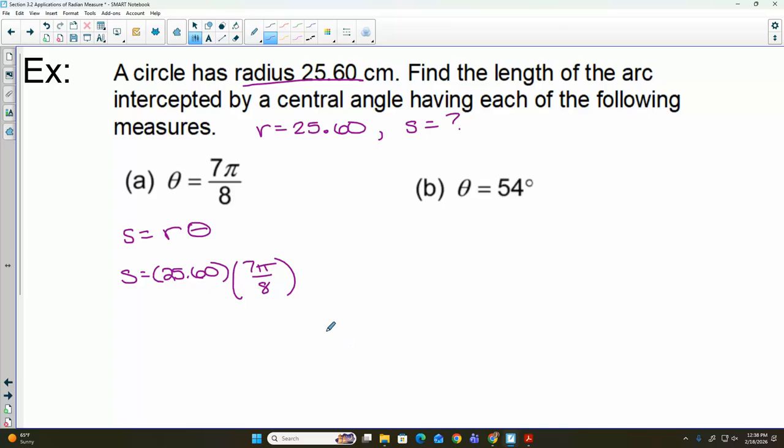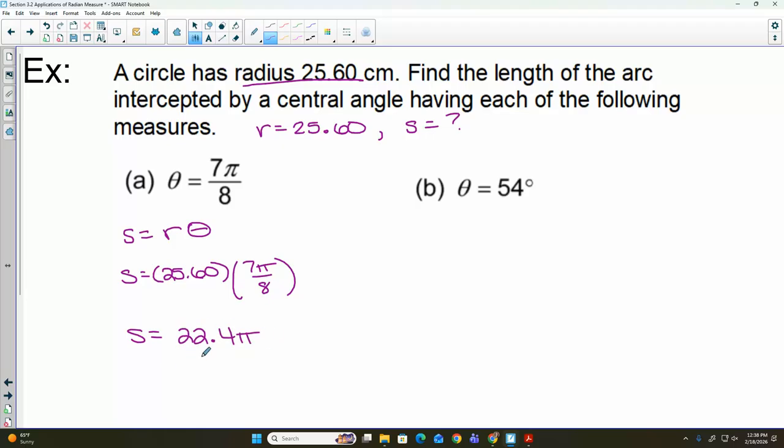And so then I can just put this in the calculator. Your answer can be written different ways. I am not real picky about how you write it. If you don't tack in the pi, you could write it as 22.4 pi.